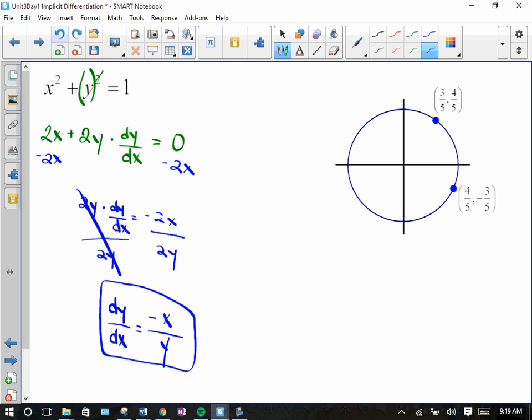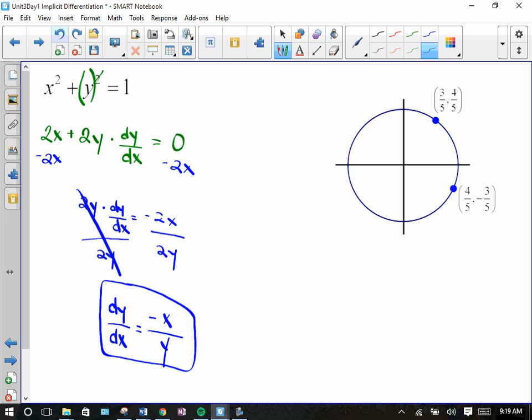And a lot of times, the question is going to be, what is the slope of the tangent line at a point. When you're using implicit differentiation, the problem has to give you an x coordinate and a y coordinate.